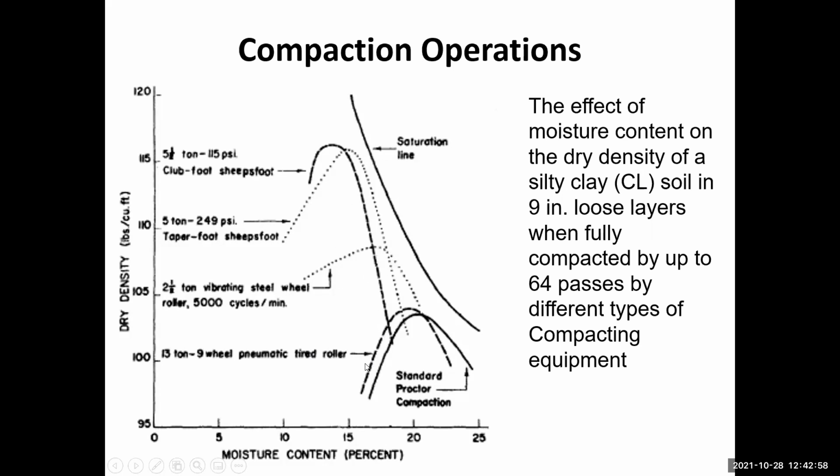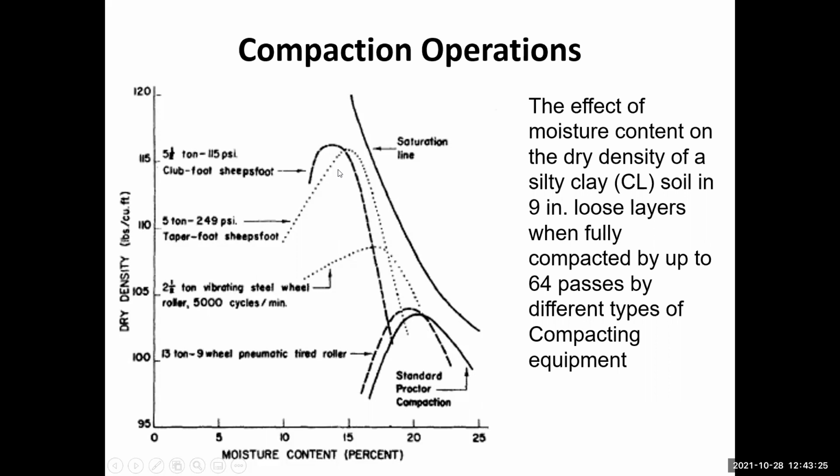Here you can see that the optimum moisture content obtained for this type of soil is much closer to the standard Proctor test. But with others, for example vibrating steel, it is much different, and a much different density has been achieved.